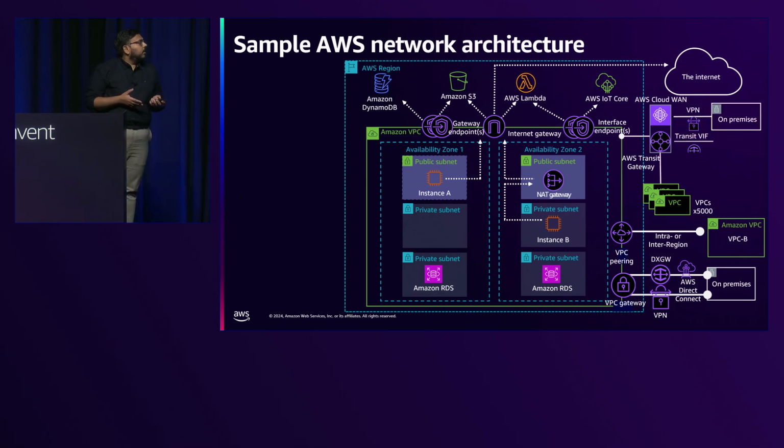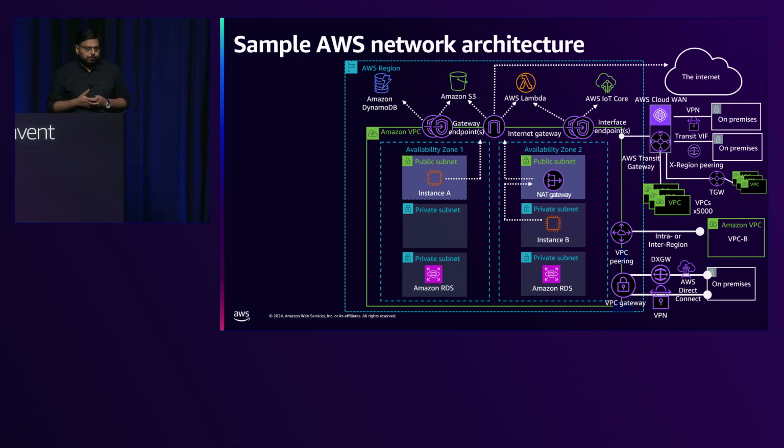And when it comes to connecting to your on-premises network, again, you can continue using services like site-to-site VPN and AWS Direct Connect. And if you are using Transit Gateway and you need to connect your VPCs that are spread across different AWS regions, you can use the Transit Gateway cross-region peering capability.